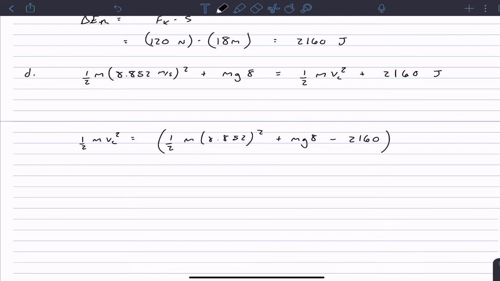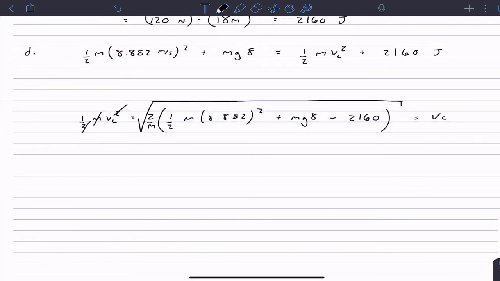And then we take 2 over m, and then we take the square root of all that. That's going to give us VC. So plugging in 45 kilograms for m in each of these places, and 9.81 meters per second squared for g, we end up with a value of 11.8078, or let's just say it's going to be 11.81 meters per second. So that's how fast he's going at the bottom of the ramp.